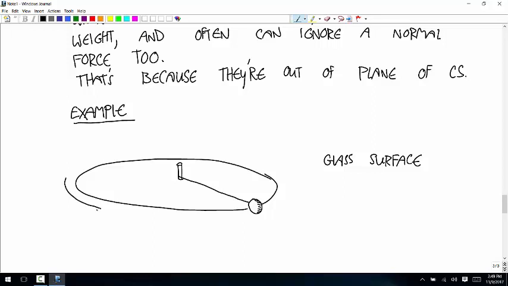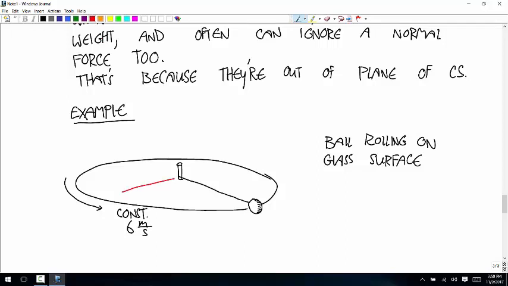And it's going around this circular path at a constant speed of 6 meters per second. So this ball is rolling along this surface.